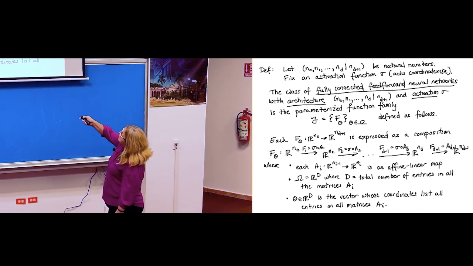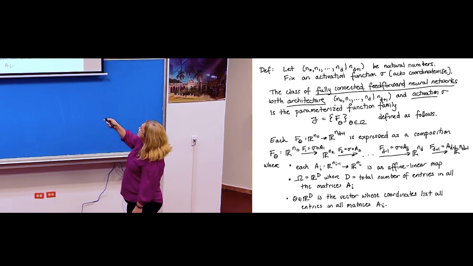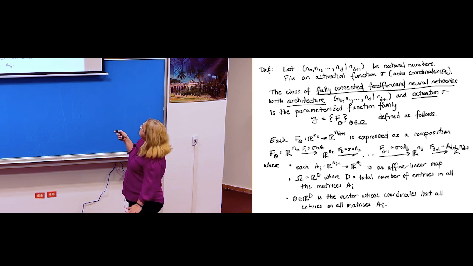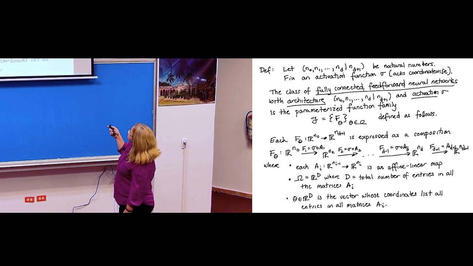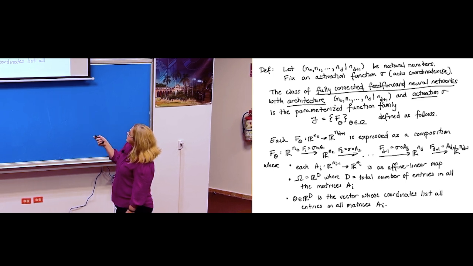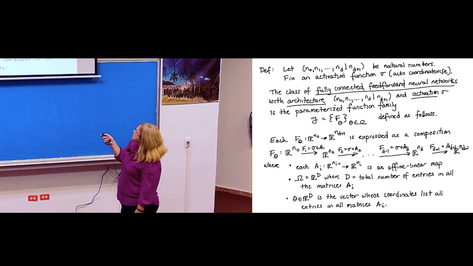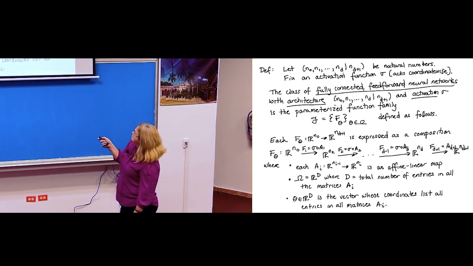All right, now we can define the class of fully connected feed-forward neural networks with architecture, that's this list of numbers, and an activation function, whatever your function is that you've chosen. It is a parameterized class of functions, script f.